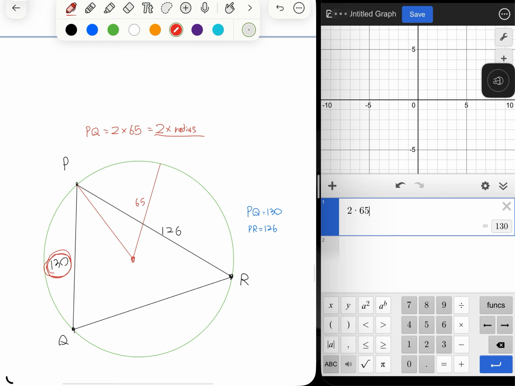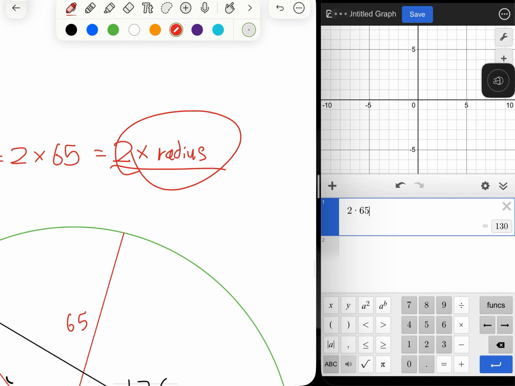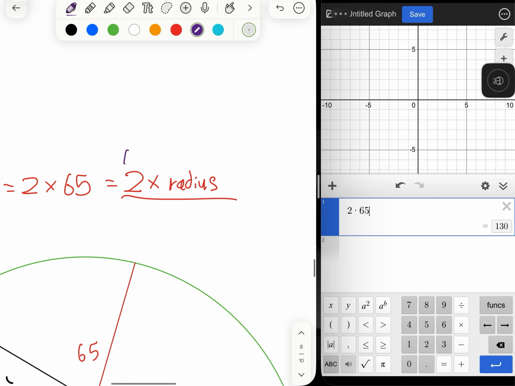Now you have to recognize that if a chord in a circle, which is basically a segment that passes through the circle, is 2 times the radius, that has to be the diameter of the circle. Two important things to know: first, the diameter is the longest chord in a circle.